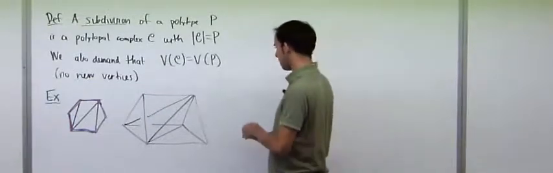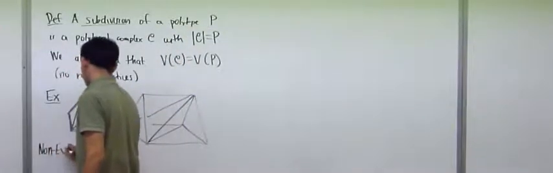What's a non-example? What's the kind of thing that I don't allow? A non-example is, for example, taking a hexagon and dividing it like this.